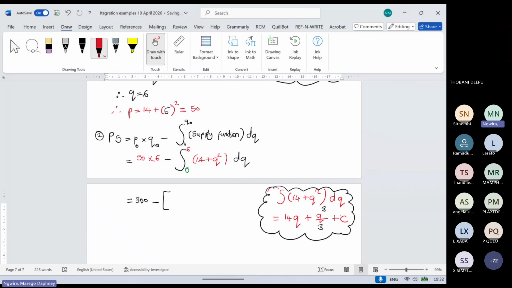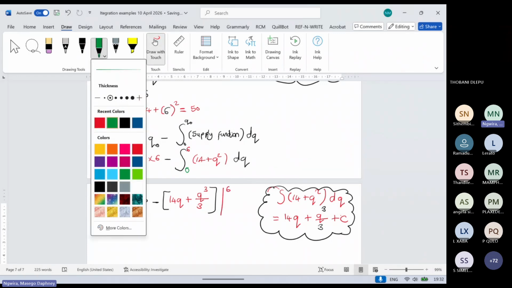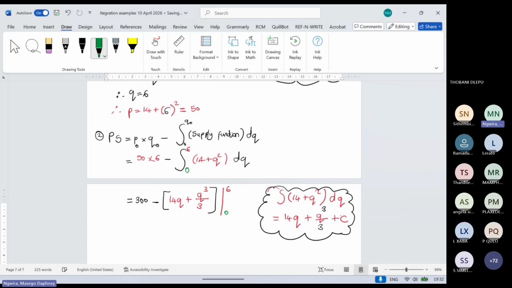The answer for the integral is 14Q plus Q to the power of 3 over 3, because it's 2 plus 1, which is 3, over 3. And I said, please ignore the C. Now our upper limit is 6, and the lower limit is 0.